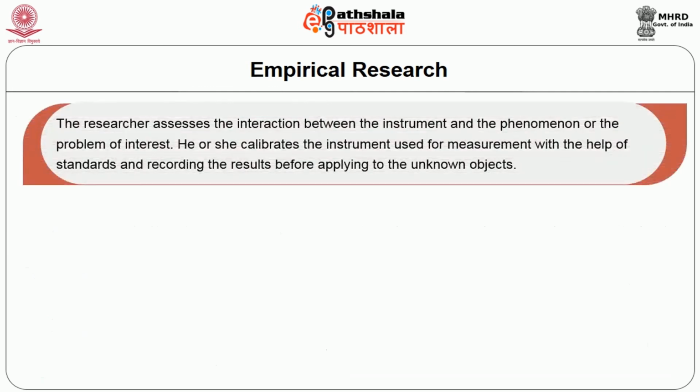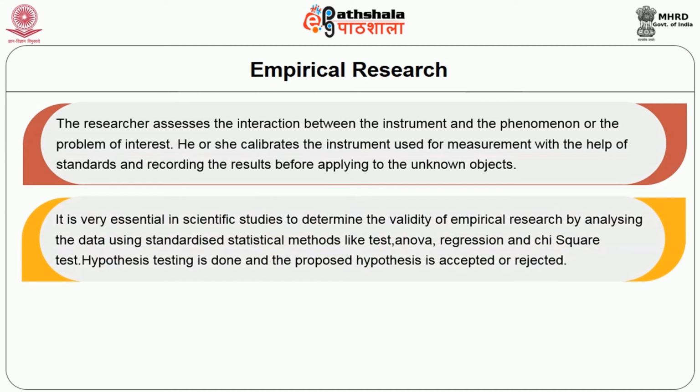The researcher assesses the interaction between the instrument and the phenomenon or the problem of interest. He or she calibrates the instrument used for measurement with the help of standards and recording the results before applying to the unknown objects. It is very essential in scientific studies to determine the validity of empirical research by analyzing the data using standardized statistical methods like t-test, ANOVA, regression, and chi-square test.